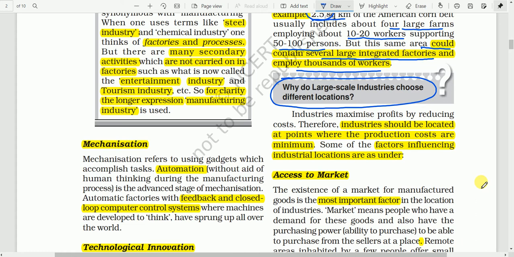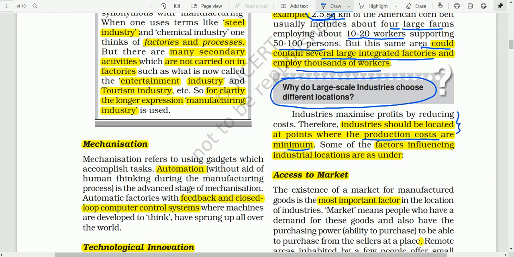Before we start, here some important statements are here. Industries maximize profits by reducing costs, maybe transport costs or maybe production costs. All industries try to maximize the profit by reducing the costs, and therefore industries should be located at the points where production costs are minimum.